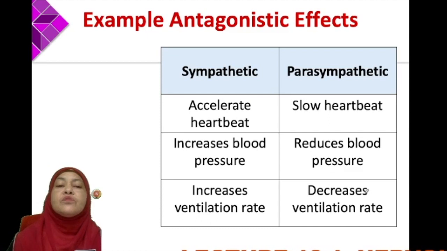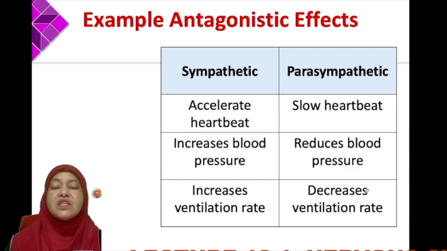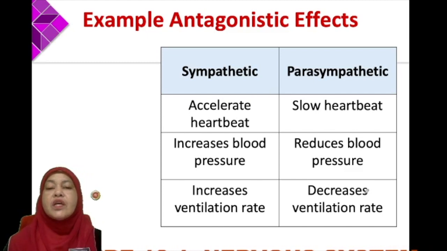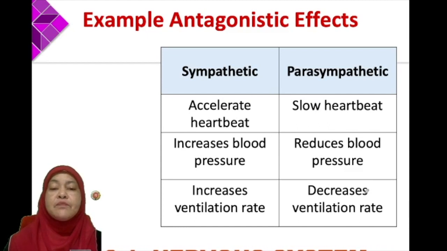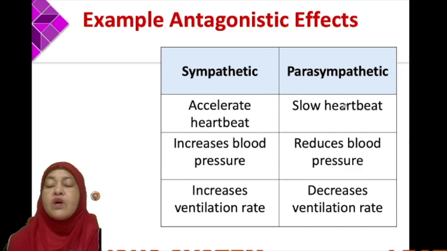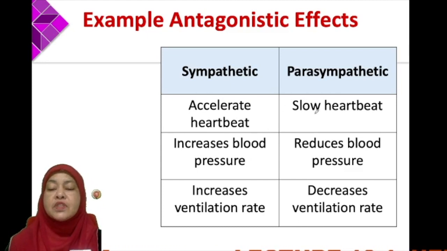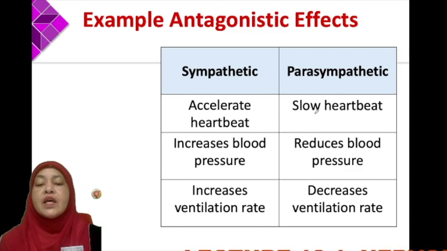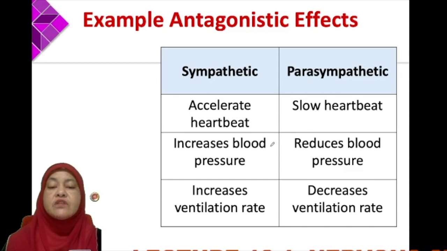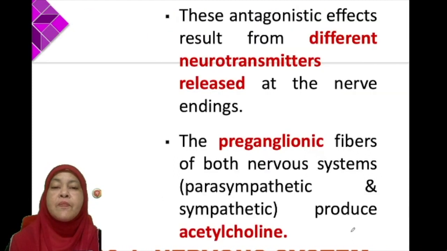Now, how does the antagonistic effect work between the sympathetic and parasympathetic? For heartbeat, the sympathetic accelerates it, whereas the parasympathetic slows it. For blood pressure, the sympathetic increases it, whereas the parasympathetic reduces it. For ventilation rate, the sympathetic increases it, whereas the parasympathetic decreases it.